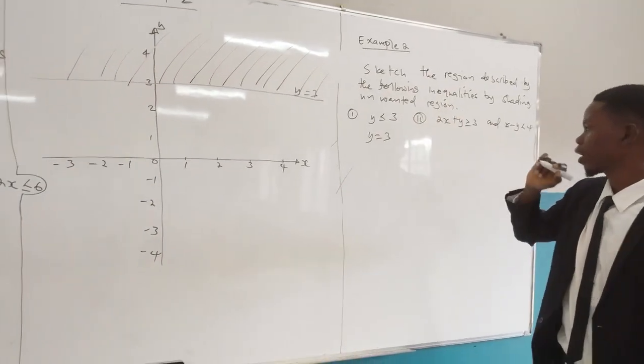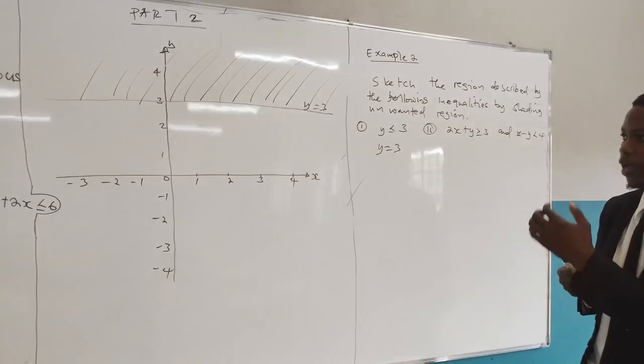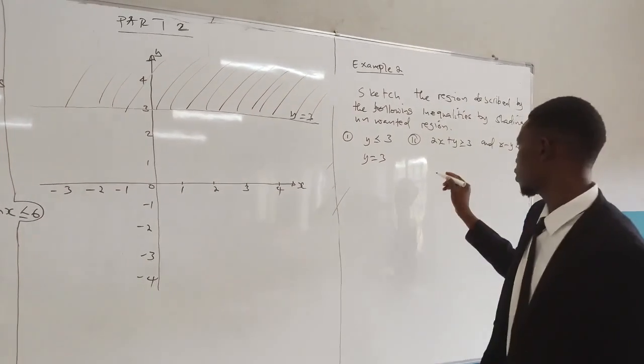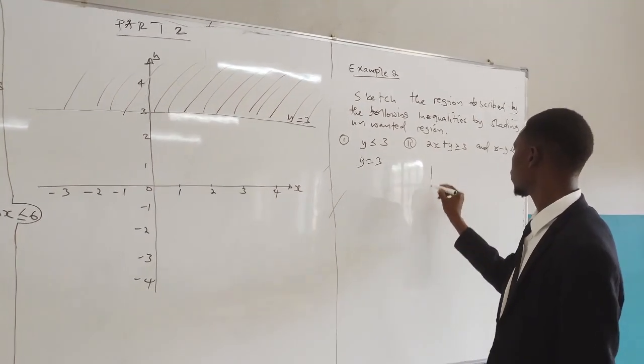When we come here as well, we are going to use the same idea, that we are supposed to come up with the table of values.